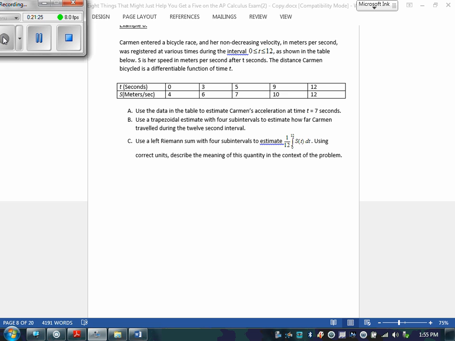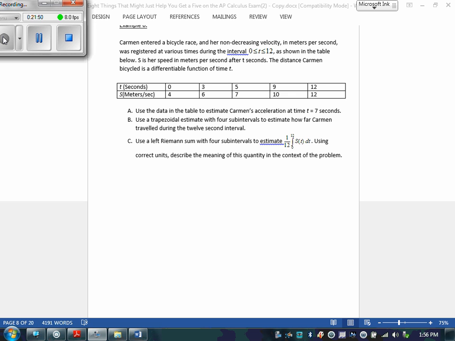Because they want you to know that it's an increasing velocity. Her velocity is always going up. It is never going to drop down, go negative. So if you were to graph this function, the function would be increasing. That is a super important word that they slipped in there. If you didn't recognize it, it's going to be important later.